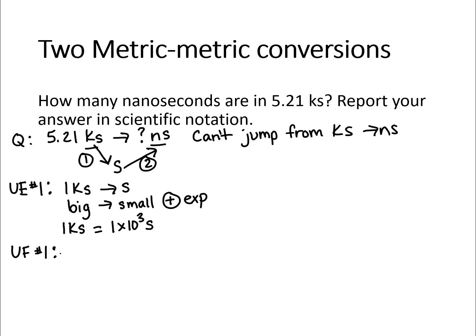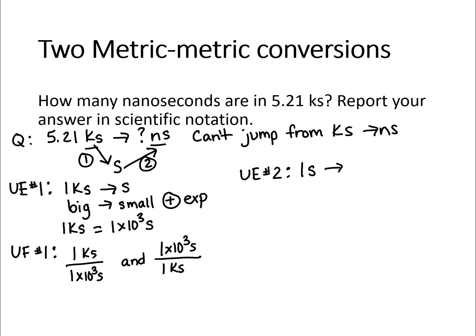So our unit factors for unit equation number 1, we're just going to make 2 fractions. So that's 1. Now we have to do that again. We're going to go from 1 second to some number of nanoseconds. Are we going big to small or small to big?